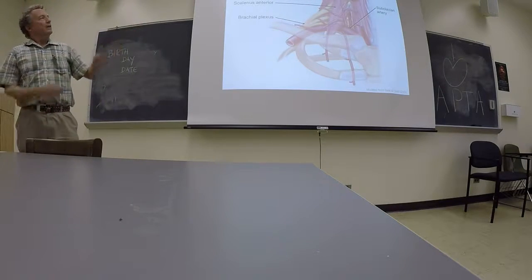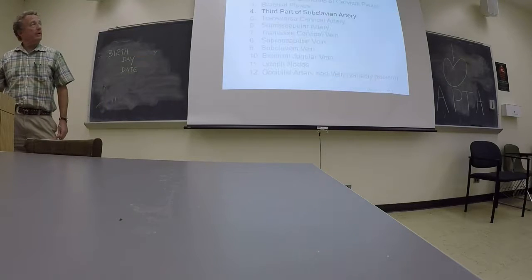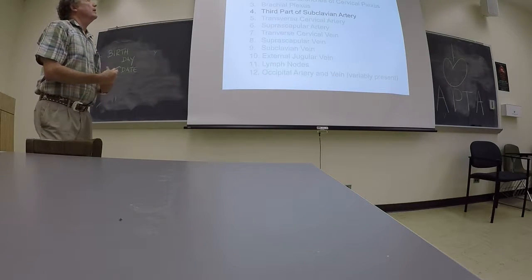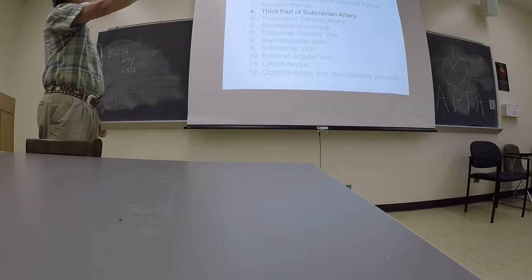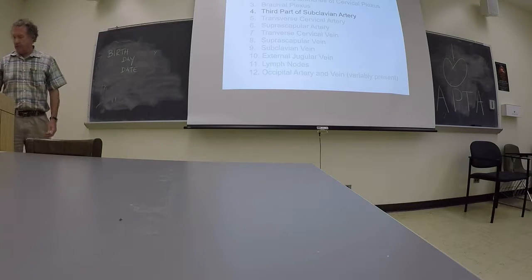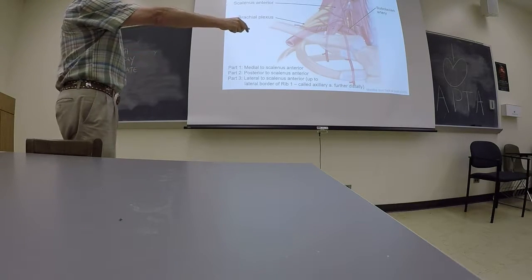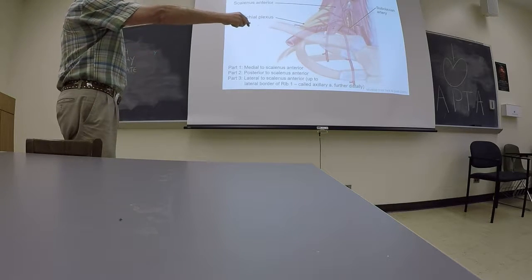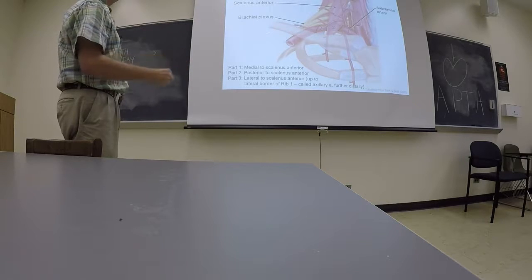We will dissect the root of the neck in a couple of days or after a while. Okay, so the things you should be able to see: the brachial plexus. And obviously here's the third part of the subclavian artery, which you just saw a few minutes ago. The subclavian artery is divided according to where it is along its pathway.